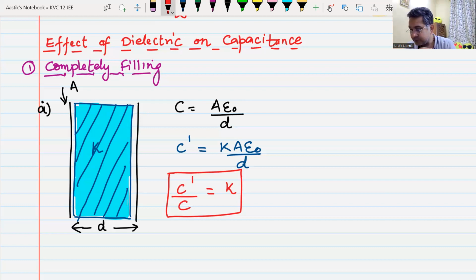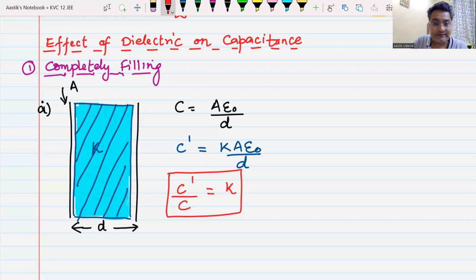Once more. The first case is you have a capacitor, you connect it to a battery, you charge it. Once it is charged, you remove the battery and put it to one side, and then you insert the dielectric. The second case is you have a capacitor which is connected to a battery, and then you are inserting the dielectric.